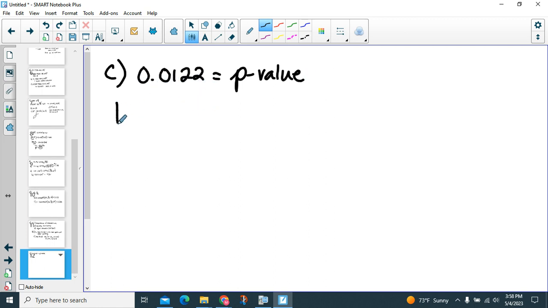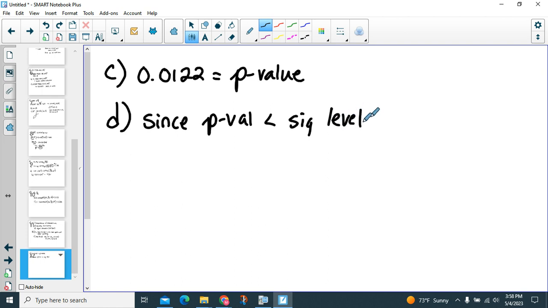All right, D, justify your decision. What conclusion should Leo draw about the mean of his tee shot distances before and after coaching? Basically, since the p-value is less than the significance level, we reject the null hypothesis.